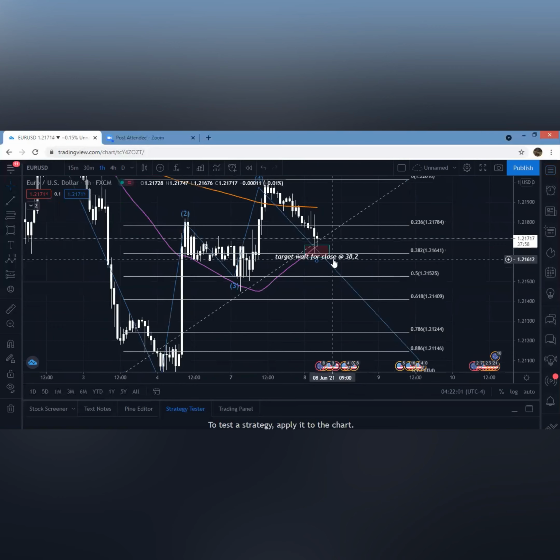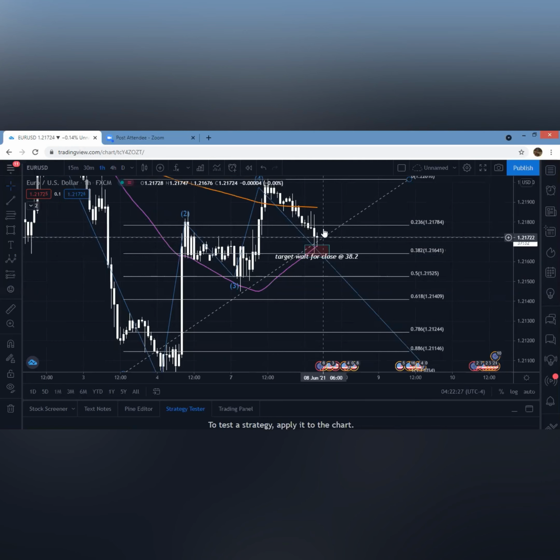This was really a test because sometimes I have a demo account and I also have a real account, and I like to put those risky trades that I like to test in my demo account. So currently, I am in EU just to test and see if the market will be coming to 38.2 and closing.